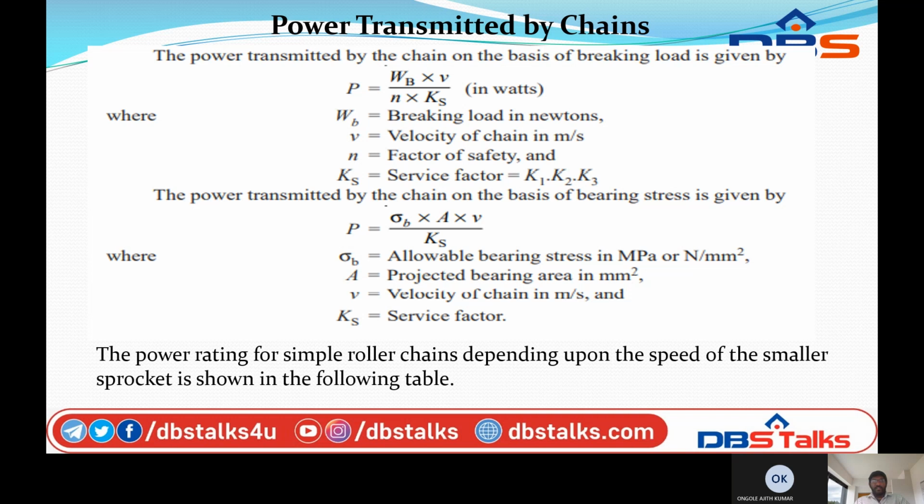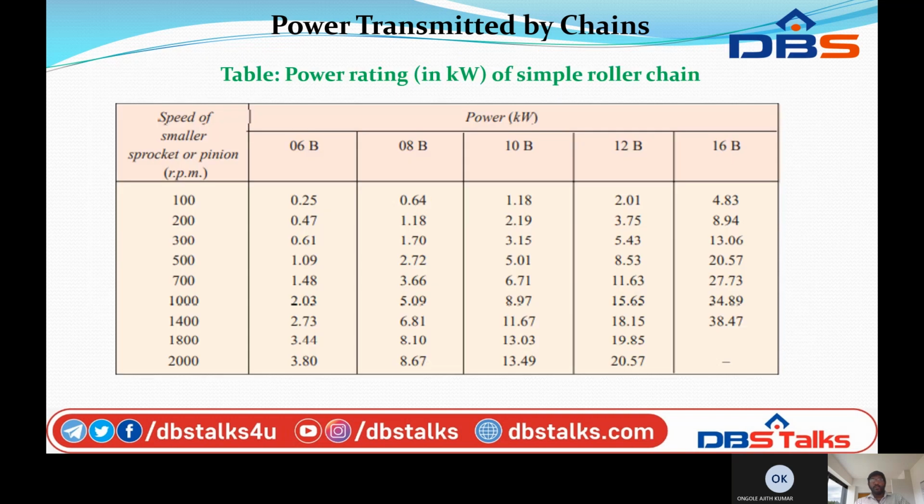The power rating for simple roller chain depending upon the speed of the smaller sprocket is shown in the following table. So you can see the table. The table is power rating in kilowatts of simple roller chain. The table is denoted as speed of the smaller sprocket or pinion in RPM and power in kilowatts.